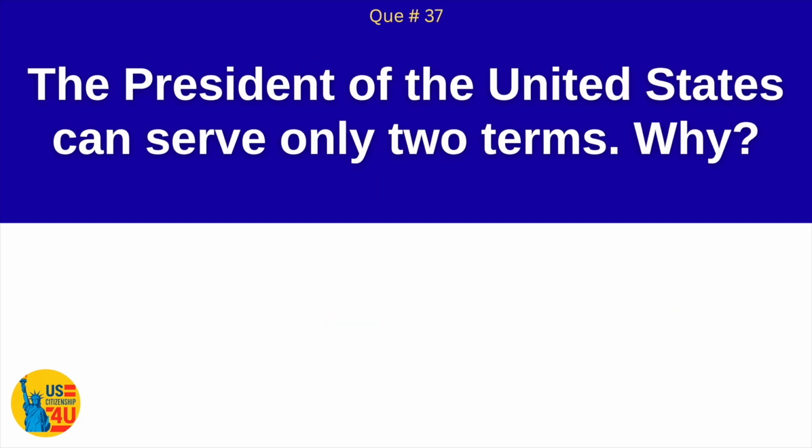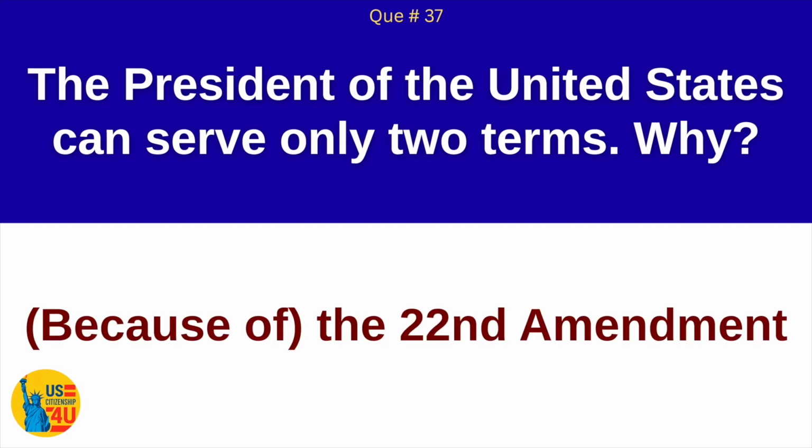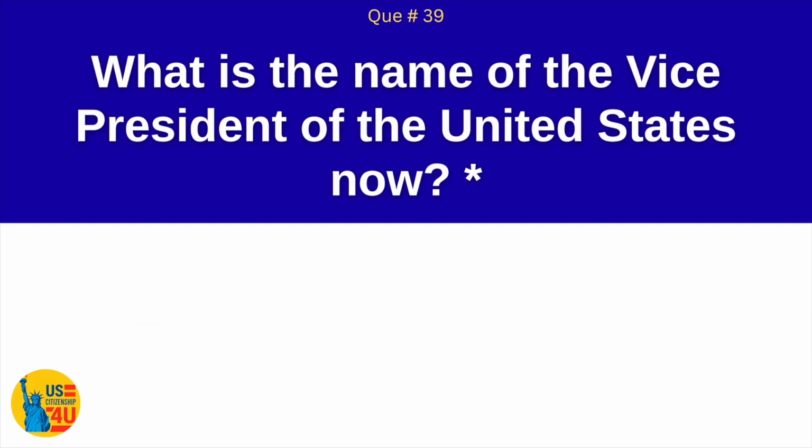The President of the United States can serve only 2 terms. Why? Because of the 22nd Amendment. What is the name of the Vice President of the United States now? J.D. Vance.